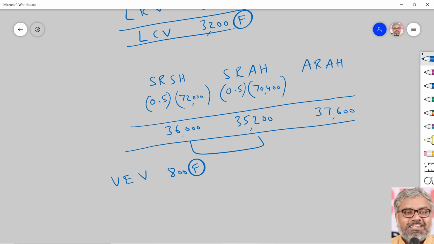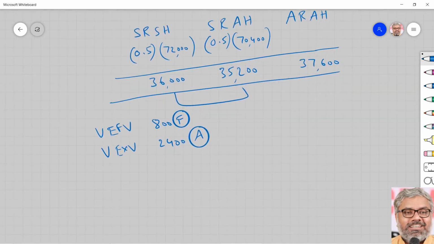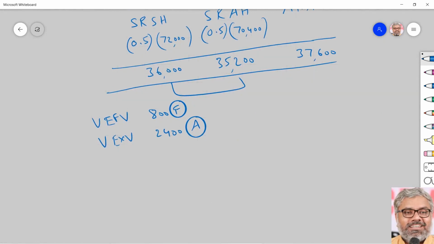And variable overhead expenditure variance or budget variance is 35,200 minus 37,600. That comes to 2,400 adverse, because actual overheads is more than the budgeted overheads for actual hours.